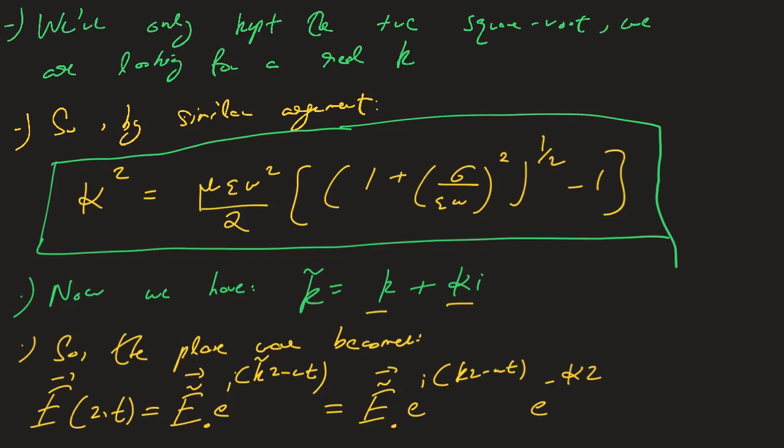Okay, so what is happening here? The interesting thing is that you get this e to the minus kappa z multiplying your normal plane wave solution. Okay, so this part is exactly like your plane wave solution in a dielectric, but this part is actually a decaying exponential.